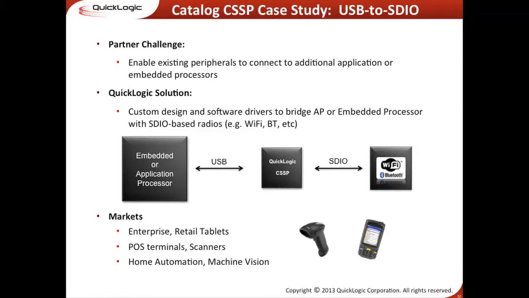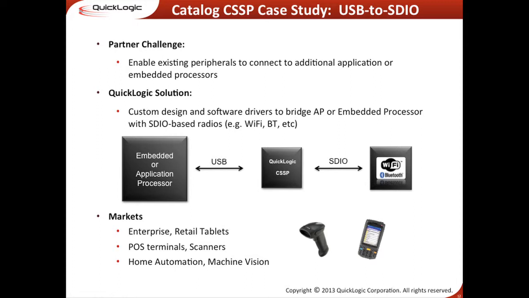In this case, we're developing a Catalogue CSSP, one for each of our partners, that will enable them to have SDIO connectivity with USB connectivity into the application or baseband processor. Once again, another Catalogue CSSP.